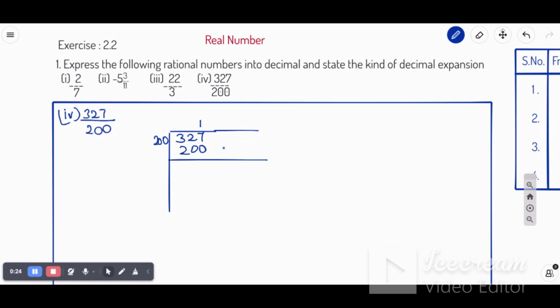Let me subtract it. 127, and let me put the 0 here, it will be 0. So now if I put the point, 6 2s are 12, and it will be 1200. If you could see, you will get your 70, right? So now you put your next 0.